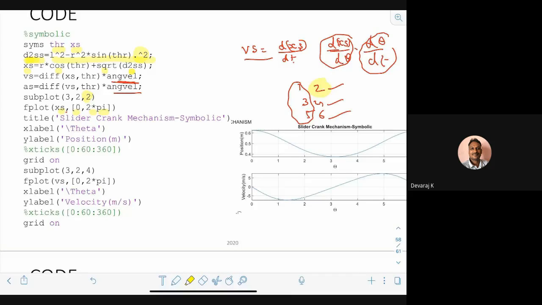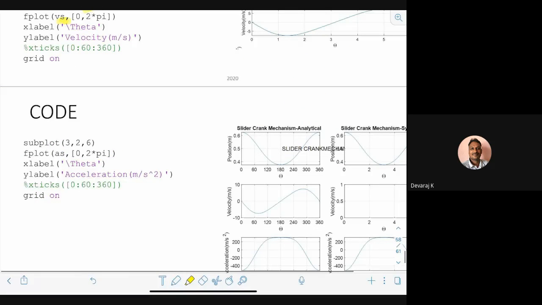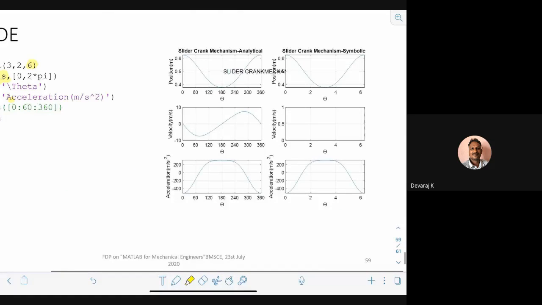Then for velocity, it is subplot 4, that is, you will get it in this position. And again the same thing, but it is vs now. And you put the titles. If you look at the last subplot, it is 6, and it is for acceleration. You plot acceleration. So when you do this, you get this output.